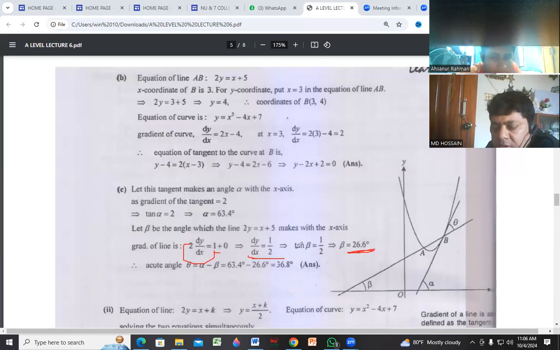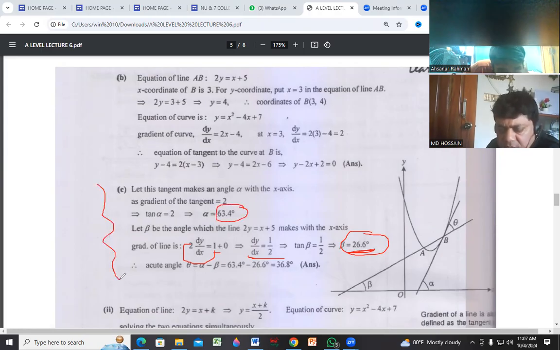If this math is set in the final exam, then a chart will be provided. Do you have a scientific calculator? Yes, sir. Okay, then we will find out the value from the calculator. But if this math is set in the final exam, then there will be a chart.